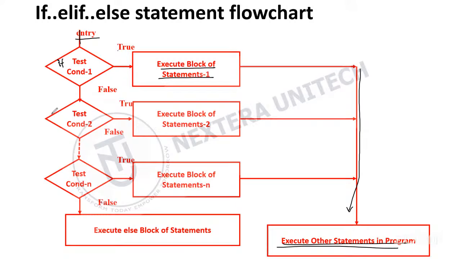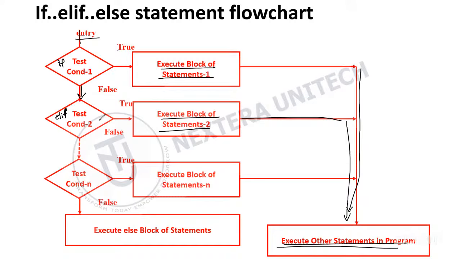Then it will check the next test condition. Let's say this is the elif, with test condition 2. If your first condition in the if is false, it will check the next elif condition. If this condition is true, it will execute the block of statements, move to the other statements in Python, and skip the rest.